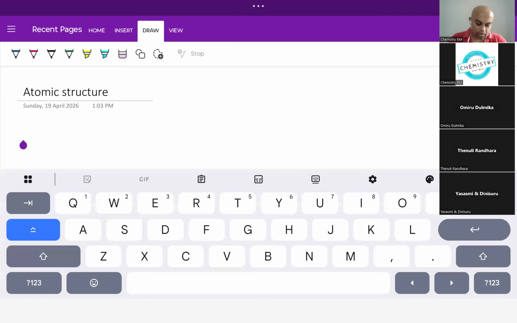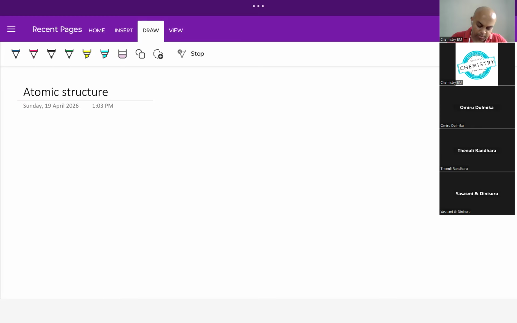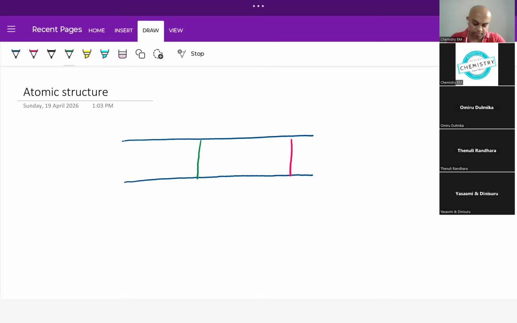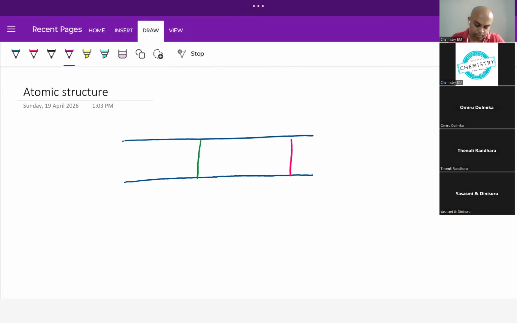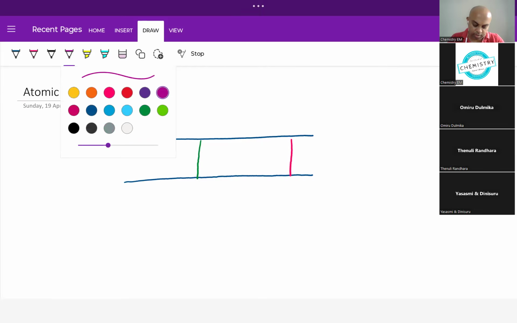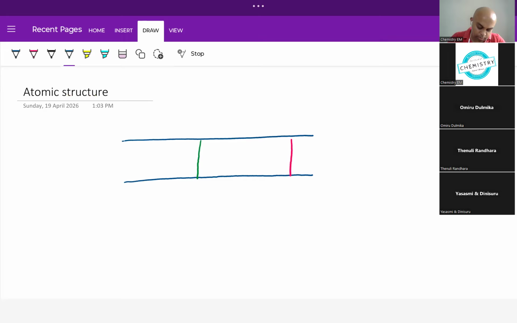Now, we know the hydrogen emission spectrum has four colors, right? One is red, another is green, blue and violet.